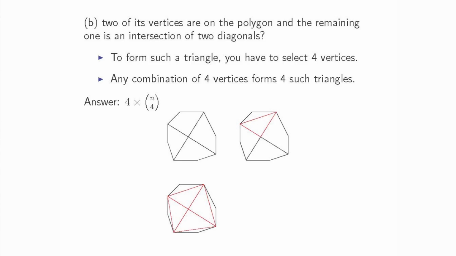But every time we choose 4 vertices, we actually find 4 triangles of this kind. So the number of them is 4 times n choose 4.